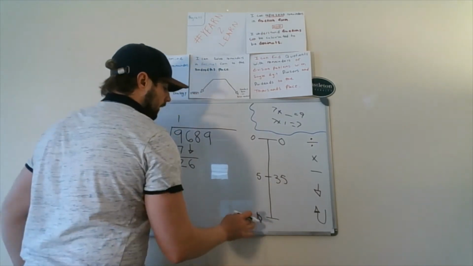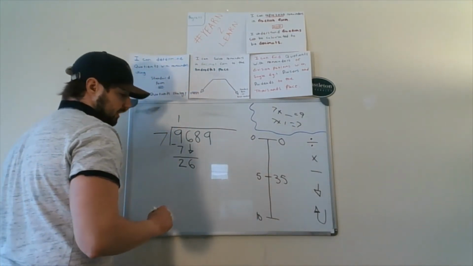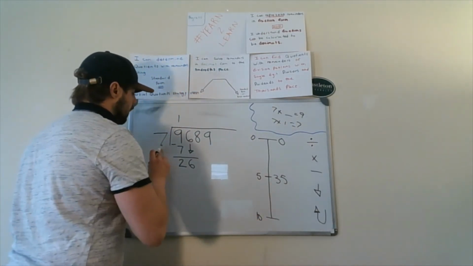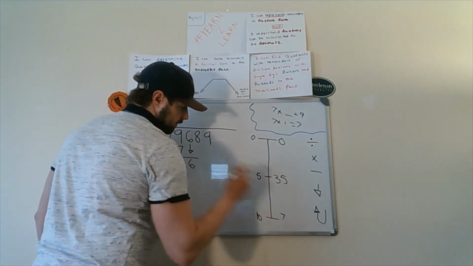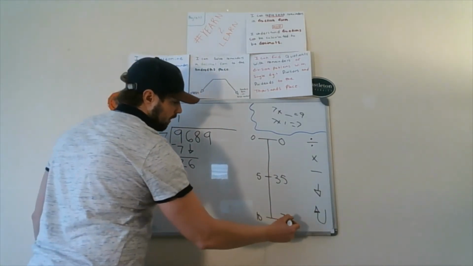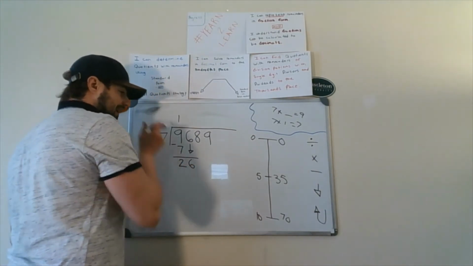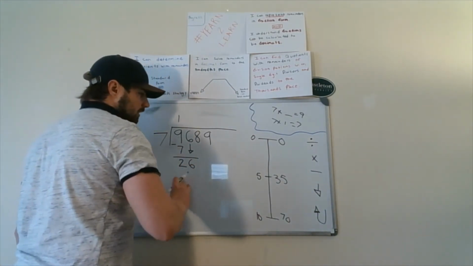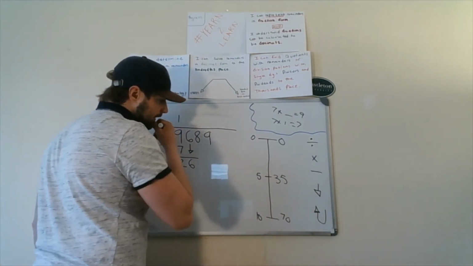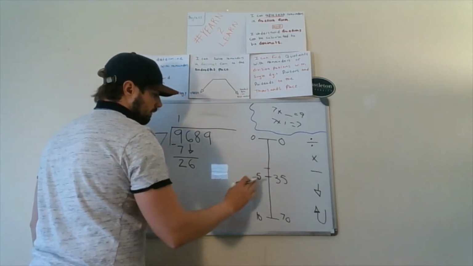And I know working with tens, hundreds, and thousands is easy, so I'm just tacking on that 0. 7 times 1 is 7. Tack on that 0, 70.